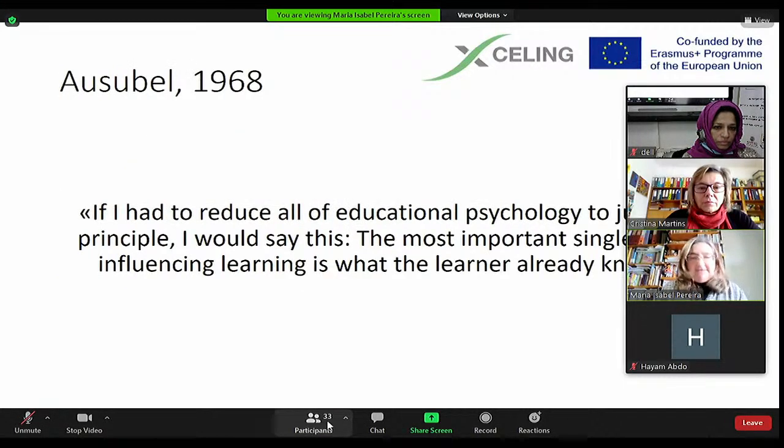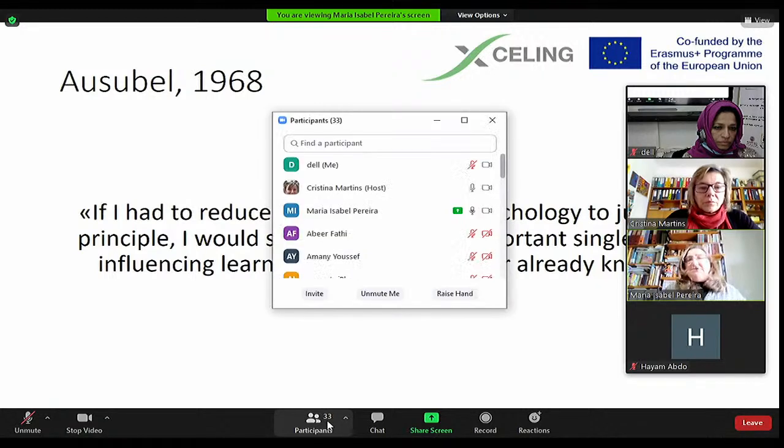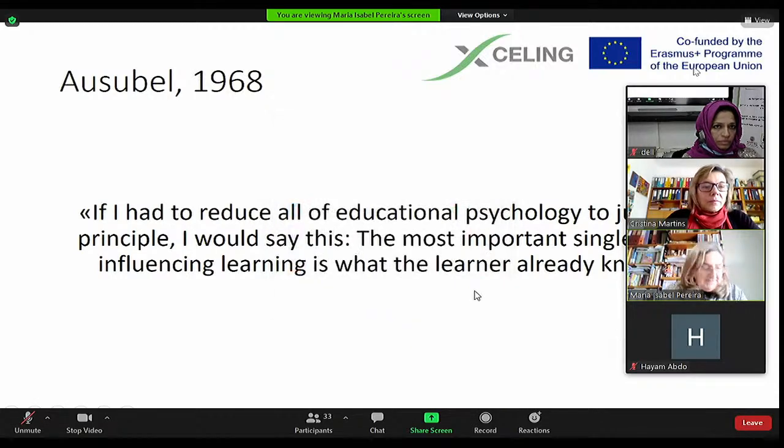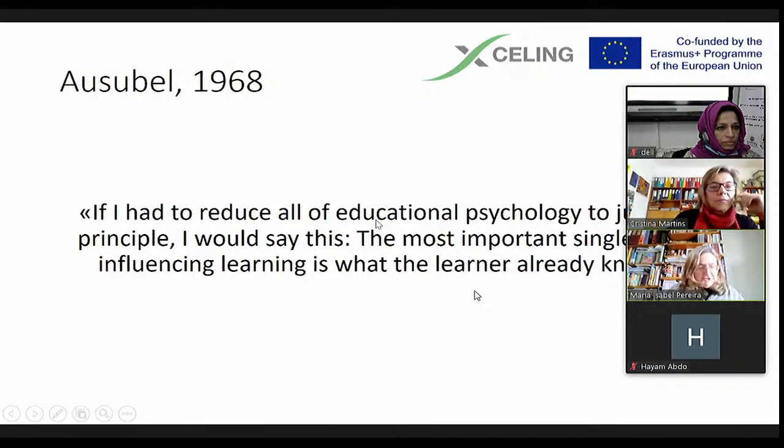I will start with this very famous quote. It doesn't refer exactly to language learning, but to learning in general. "If I had to reduce all of educational psychology to just one principle, I would say this: the most important single factor influencing learning is what the learner already knows." Of course, it is a radical statement.